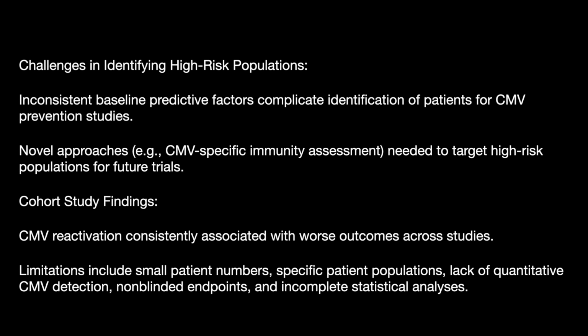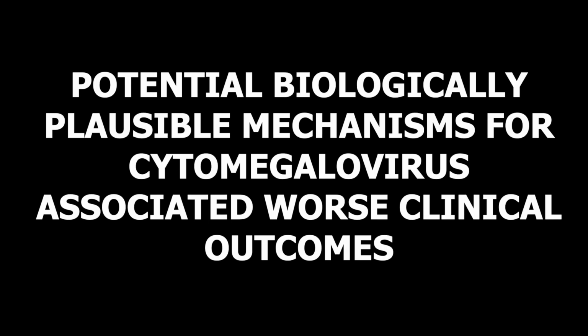And the endpoints, what happens after we have detected, are non-blinded endpoints, so we are not very sure about the bias that has been introduced, and most of the statistical analysis is incomplete, especially because of the small sample size. So what are the potential biologically plausible mechanisms to suggest why CMV is associated with worse clinical outcomes?